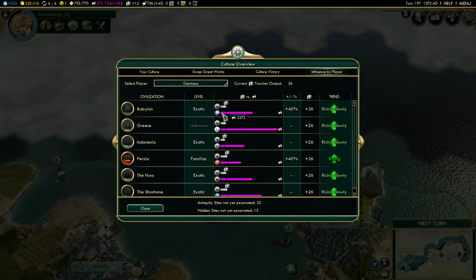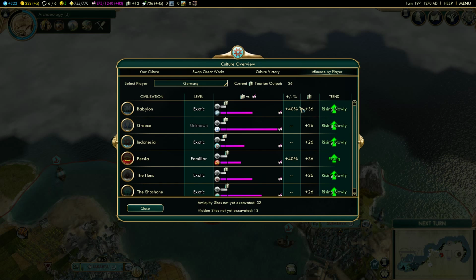You can see here the total culture of a civilization gathered over the course of its history. And then this line here is the total amount of tourism that the chosen civ has exerted over that civilization. As you can see, Germany has put out 988 tourism to Babylon, and they have a total of 5,373, modified by 40% per turn.